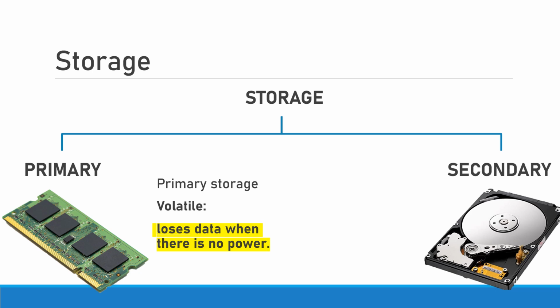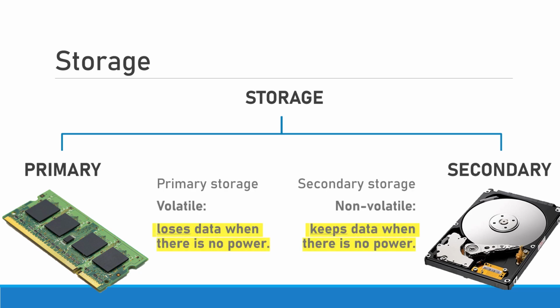Secondary storage, however, is non-volatile, which means that it keeps data even if you turn the power off, which is good because if we wanted to save an image that we've taken or save a file, we'd need it to be non-volatile so we can keep hold of it while the computer is off.